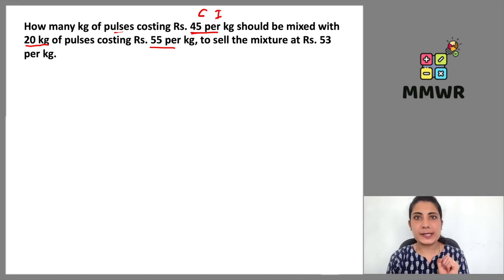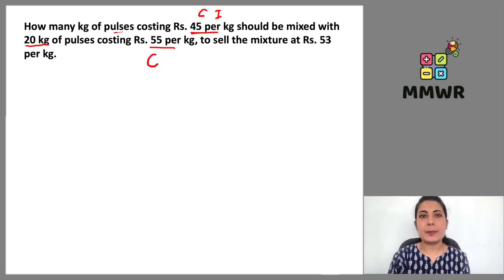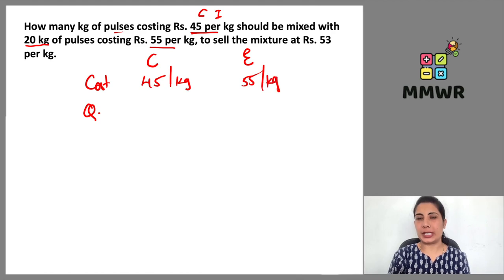That means this is the expensive one. So we have two things, the cheaper one and the expensive one, for which the cost and quantity are given. For the cheaper one the cost is 45 per kg, and for the expensive one the cost is 55 per kg. The quantity for the cheaper one, let's say x kilogram, and for the expensive one 20 kg.